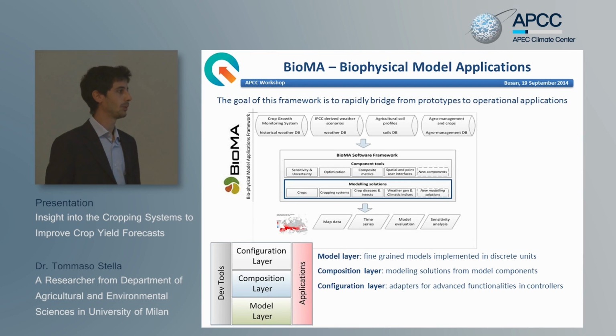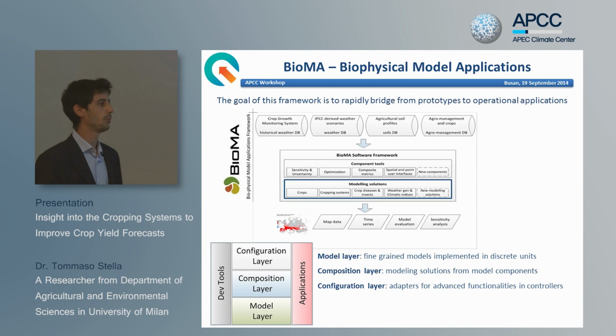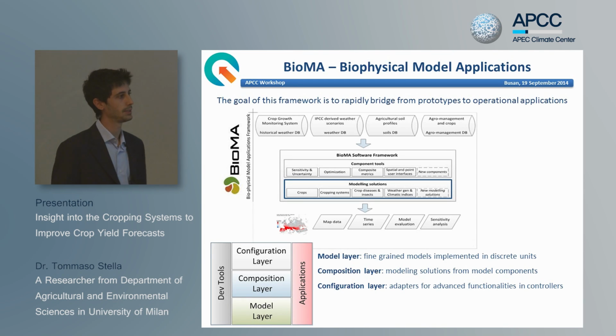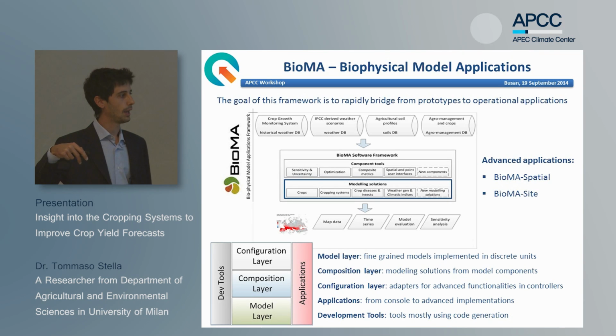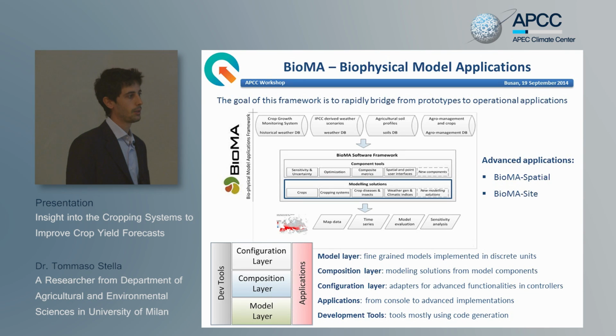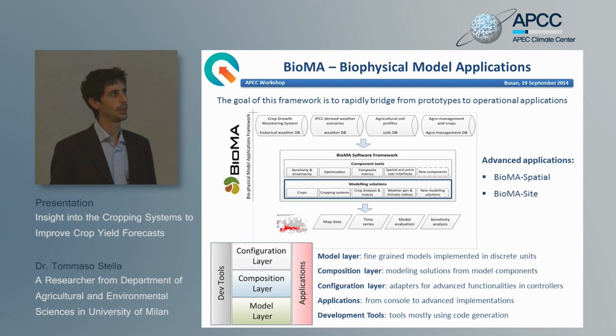Then we have the configuration layer made for the development of adapters for advanced functionalities. And then we have a number of applications which can be linked to each of the layers. In the simplest case, they are simple console applications, but there are also advanced implementations like Bioma Spatial or Bioma Side.